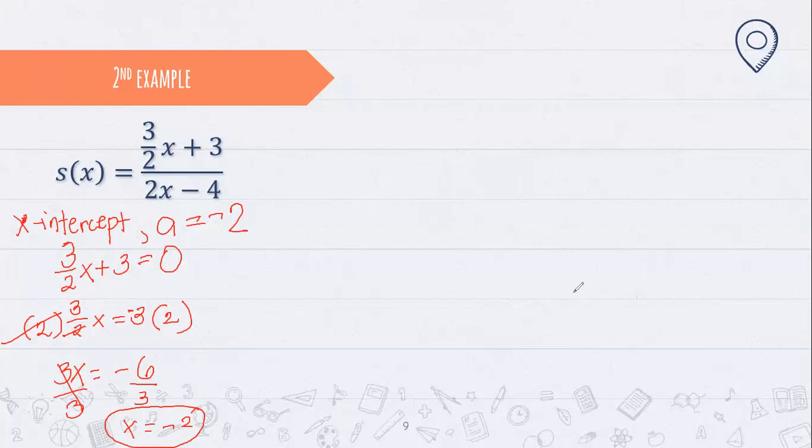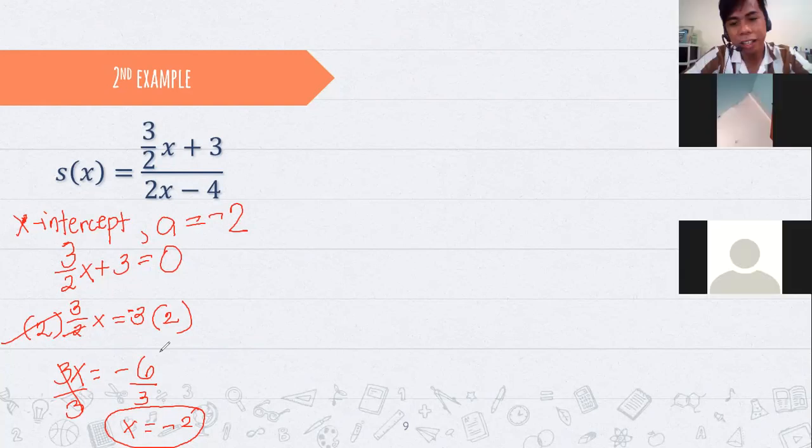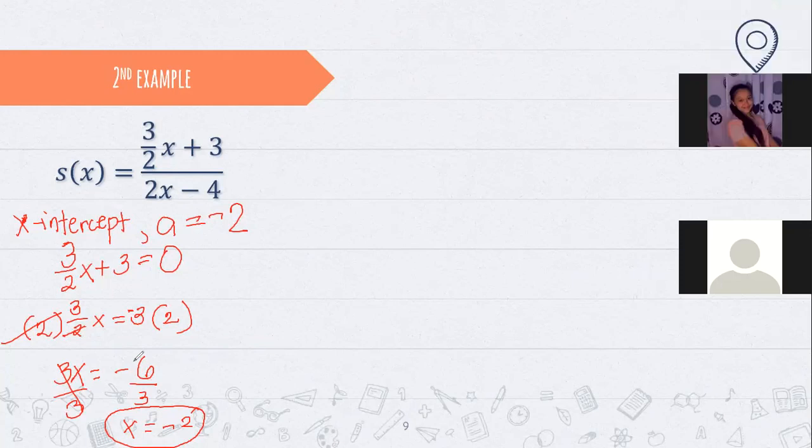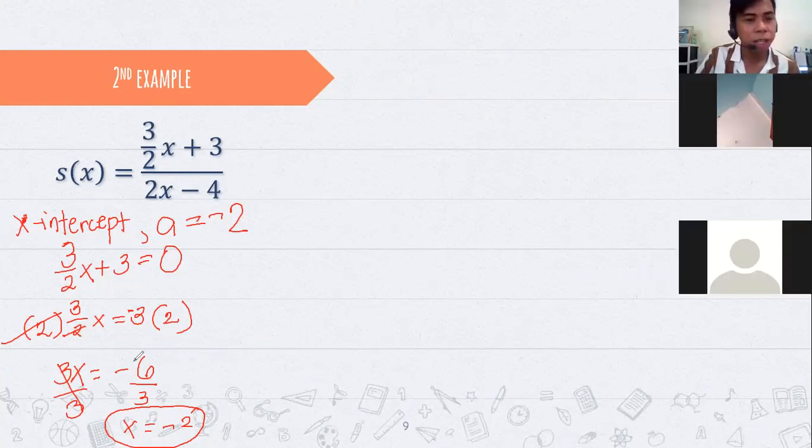Ayan, narinig mo na yung question? Anyone from the class who would like to answer? O nakakatawa pala ako sa camera. Likot-likot ko.